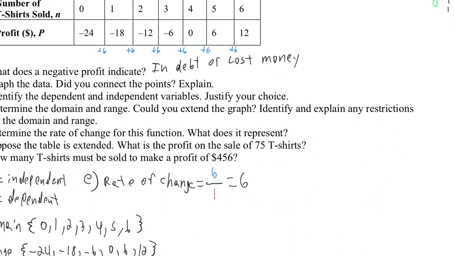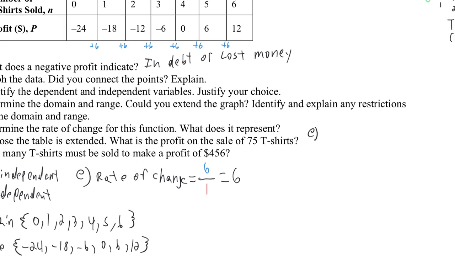So for F, we know that profit is going to equal $6 times the number of t-shirts sold, because we're making $6 off of every t-shirt sold.